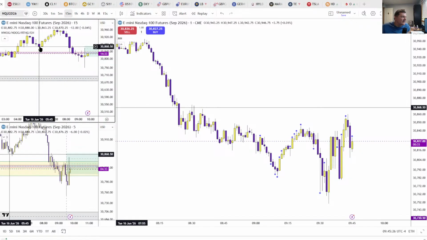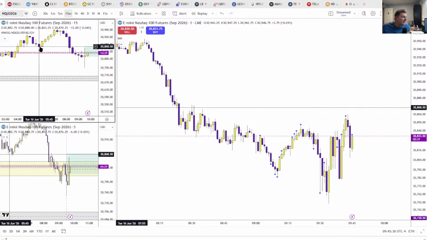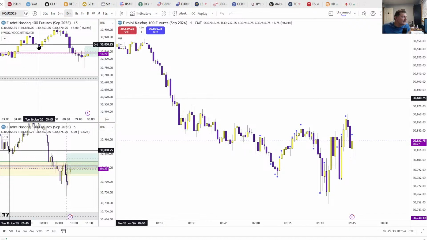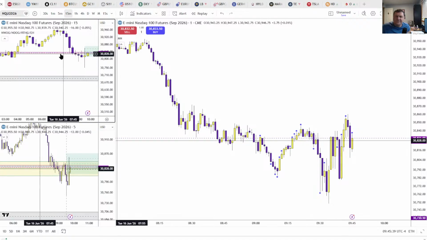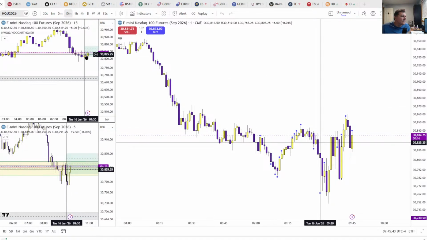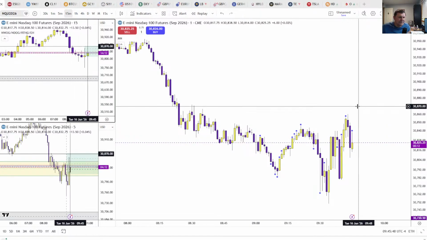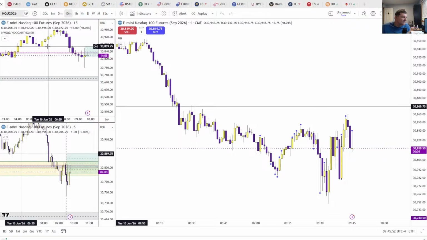There's the retest of the low. Well, not quite. What's the low of that candle? 863. High is 86. So we need that 865, 863, 869.